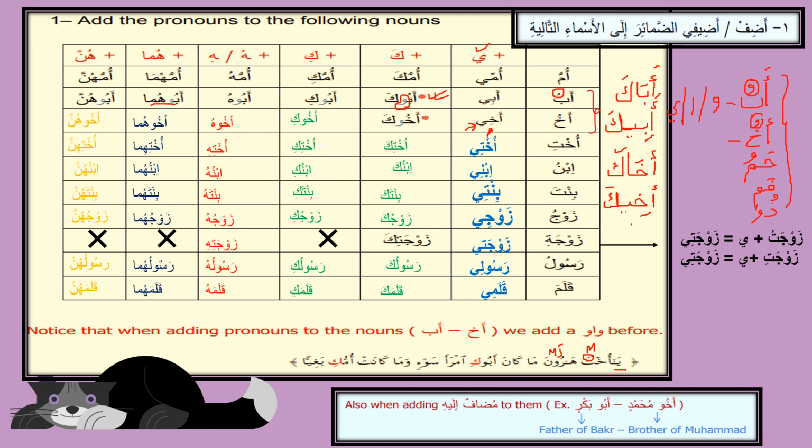They cannot take all the harakas, but only some of them. In marfu it takes a single dhamma, in mansub a single fatha, and in majroor it cannot take a kasra. So what can it take in the majroor case? Only a single fatha. That's why even though it is in the mudaf ilayhi case, it cannot take a kasra.